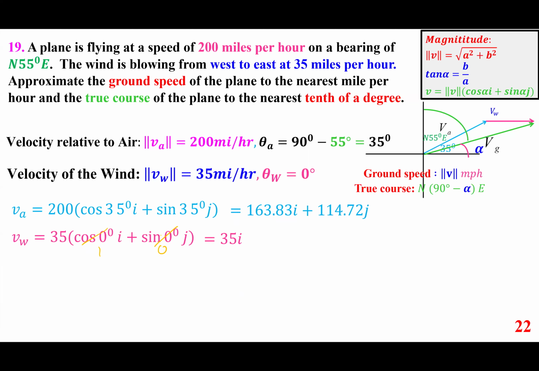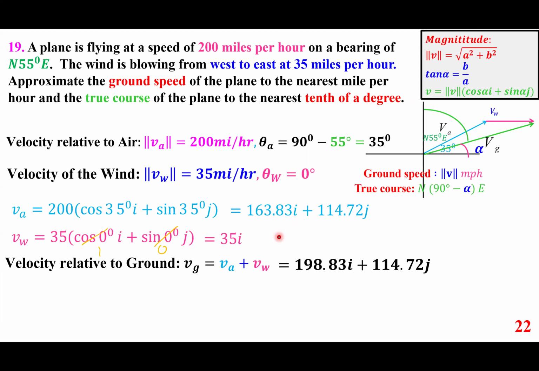So the speed with respect to ground, basically add the two, VA and VW, which means you are going to add their components. These two get added, and this doesn't have anything to be added. This is unchanged. These two add up, and we get 198.83i plus 114.72j, this doesn't change.